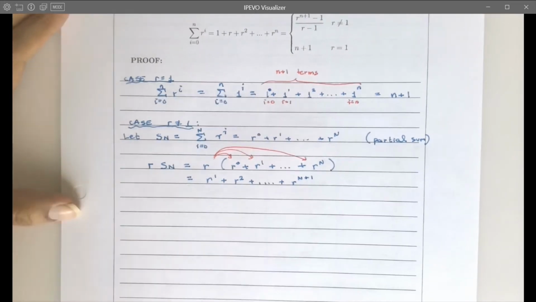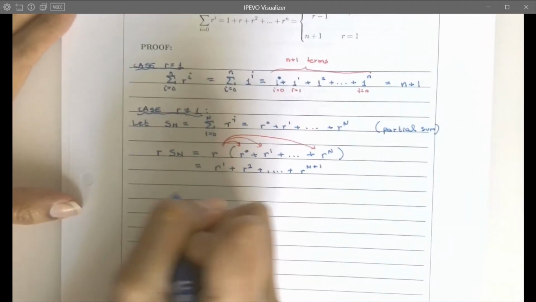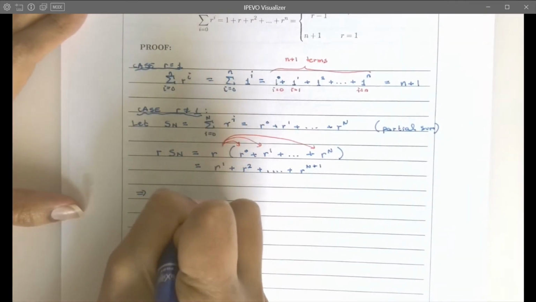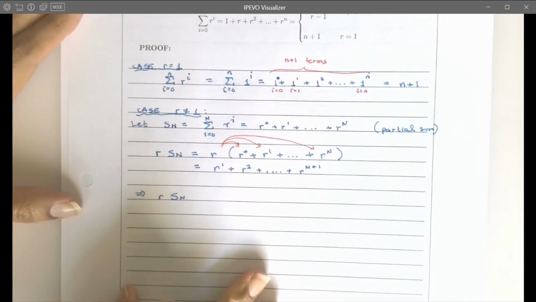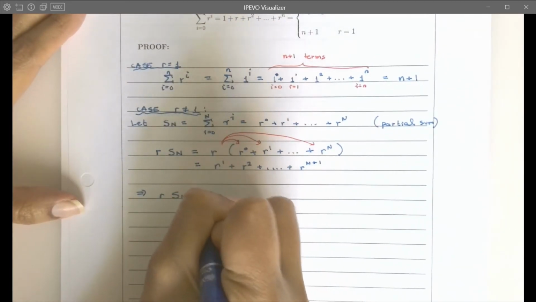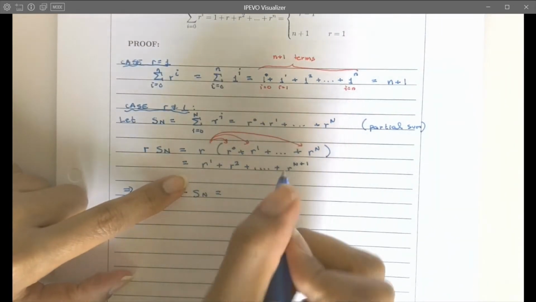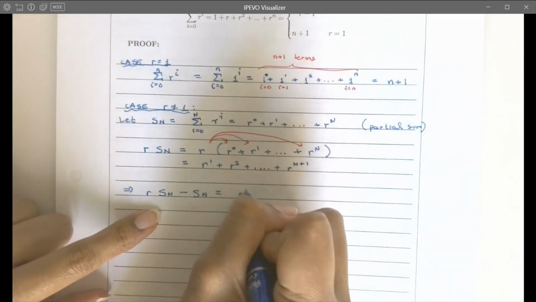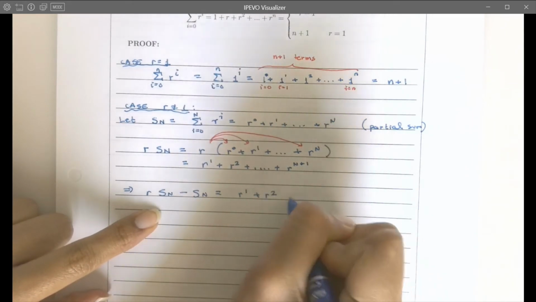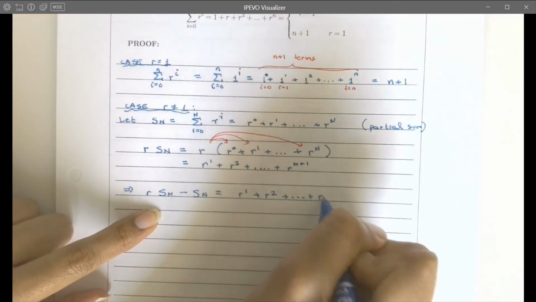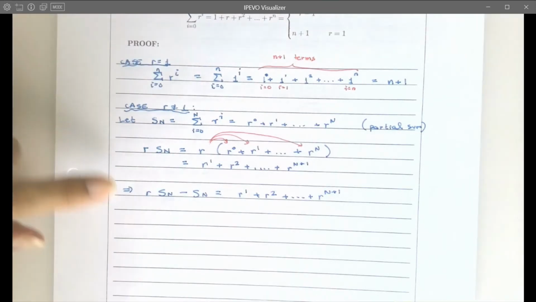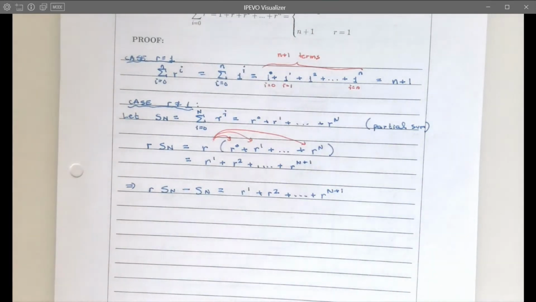Okay, so now let's take the difference of R times the partial sum Sn minus Sn. What we'll get is that we have R to the 1 plus R squared plus all the way down to R to the n plus 1 from this first term.